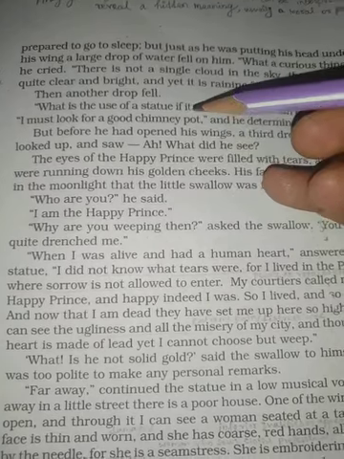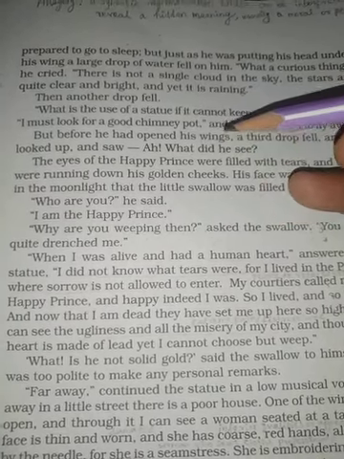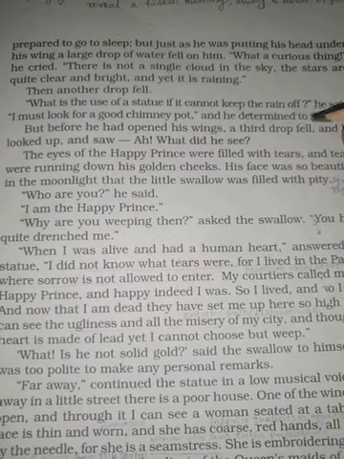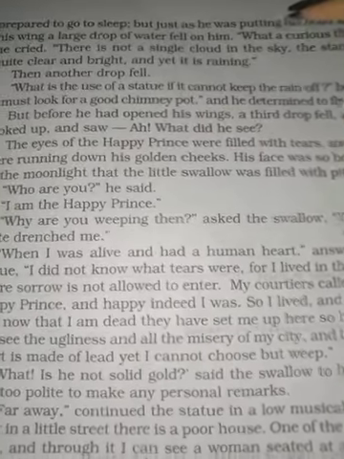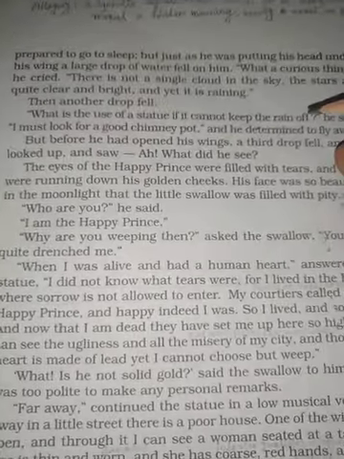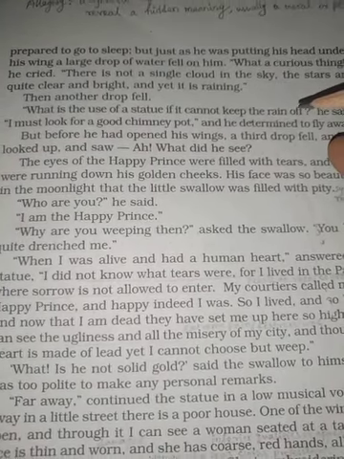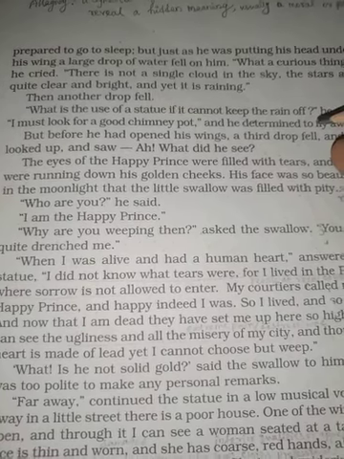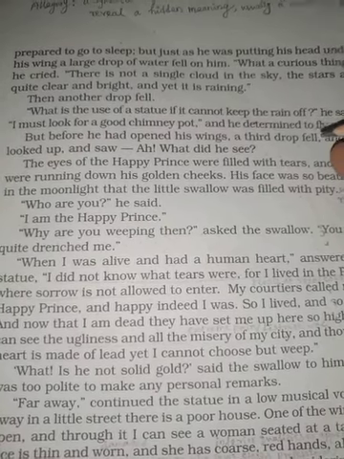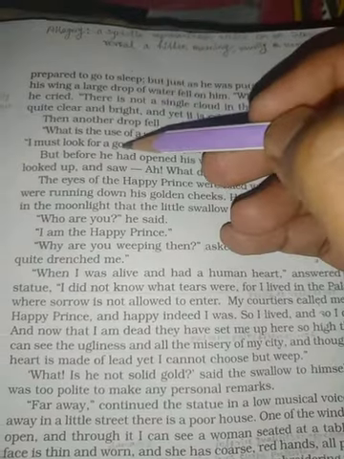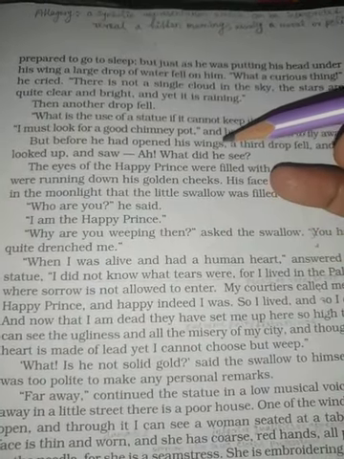Then another drop fell. What is the use of a statue if it cannot keep the rain off? Look at the thinking of the swallow. There is no use of such a big, beautiful statue if it doesn't keep the rain away from me. He said, I must look for a good chimney pot.